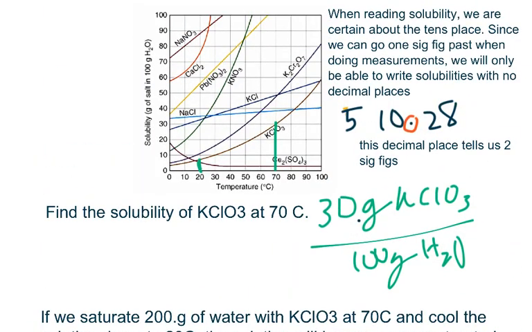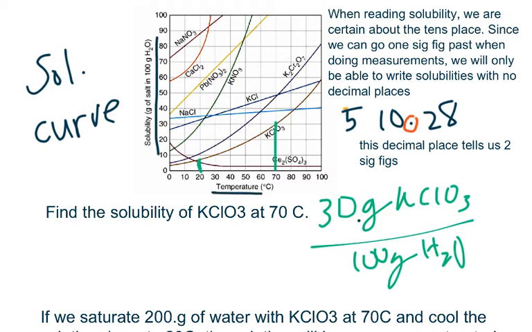We are going to talk about something called a solubility curve. So let me write that. I'm going to abbreviate solubility as SOL and curve. So you see in this image, there are a bunch of curves. These are solubility curves, and they tell you the solubility of a compound in water as you increase the temperature.